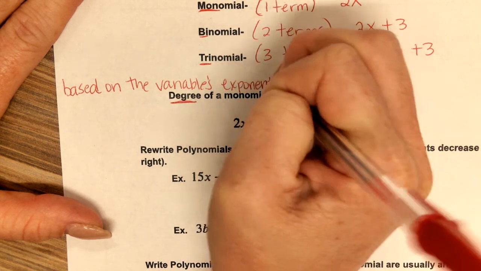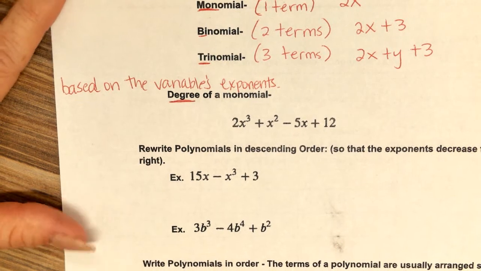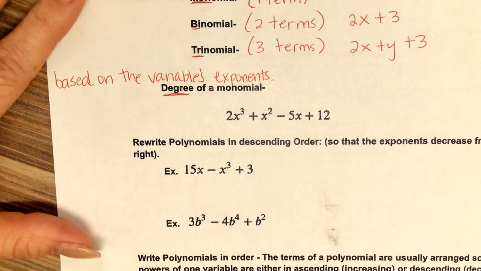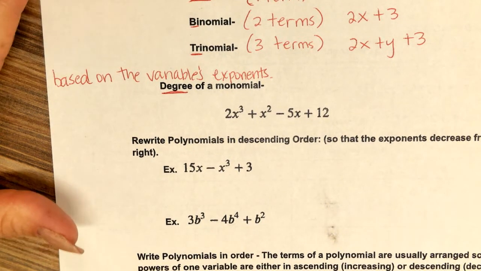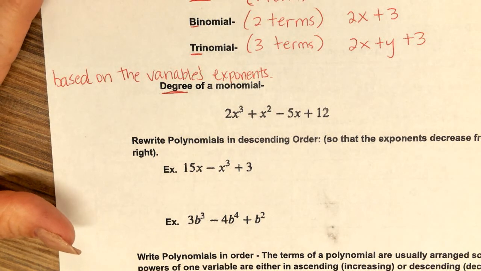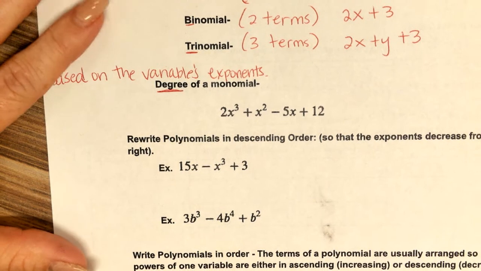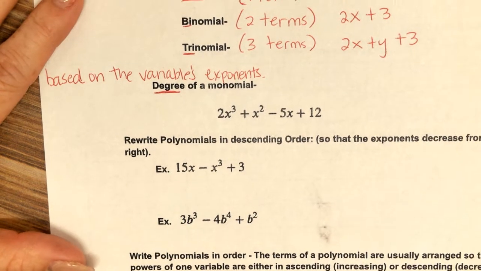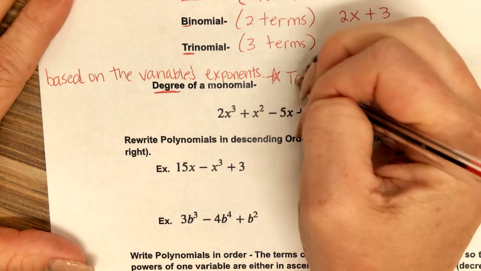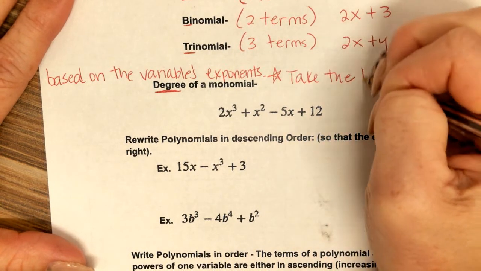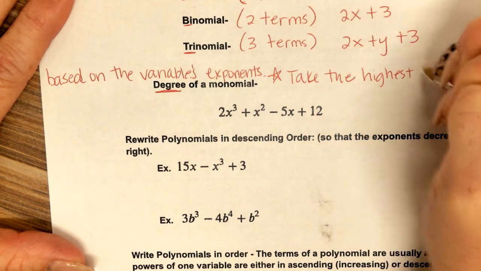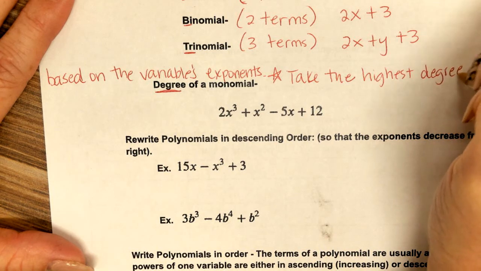So don't look at the coefficients, only look at the variable's exponents. If it's asking for the degree, you take the highest degree. So write that right here. Take the highest degree.